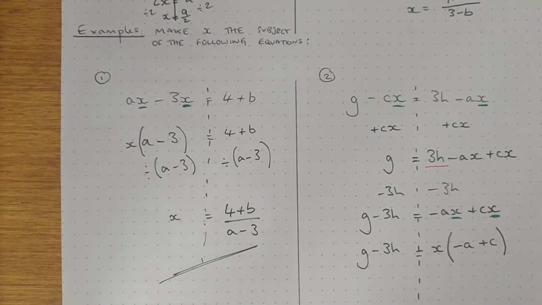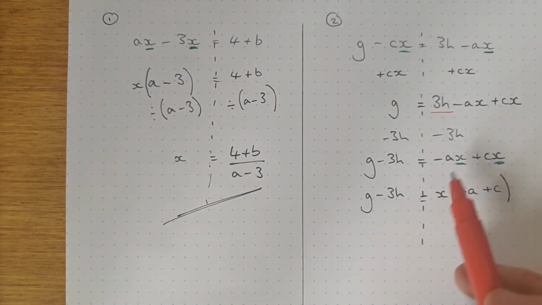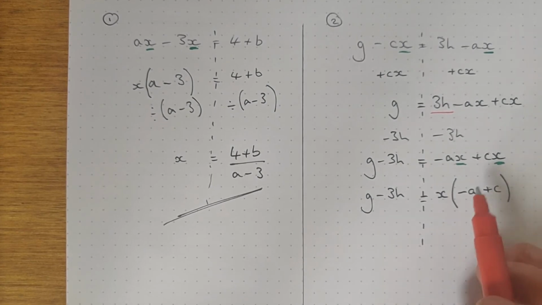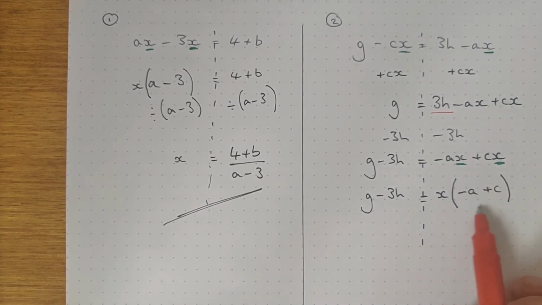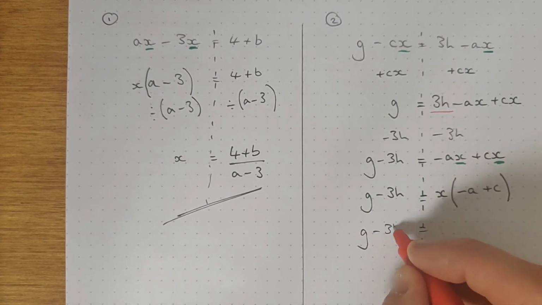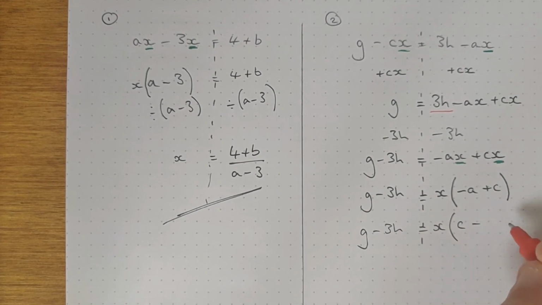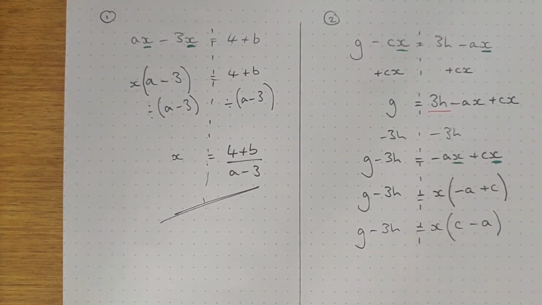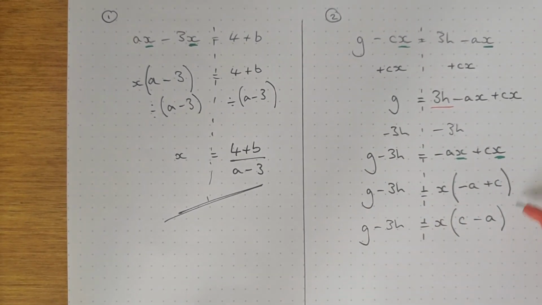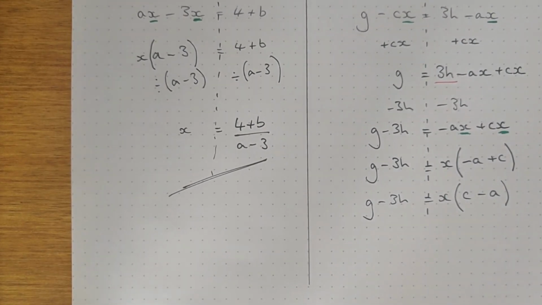Now, before I finally finish off this answer, I just want to tidy this side up. I don't like having the negative first in maths. What I'm going to do is rewrite this, and again I'm not doing anything to this side, so it will stay the same. I have x lots of, and I can rewrite this as c take away a, just to neaten it up. I've not done any maths here, I'm just making it tidier and more usable mathematically.